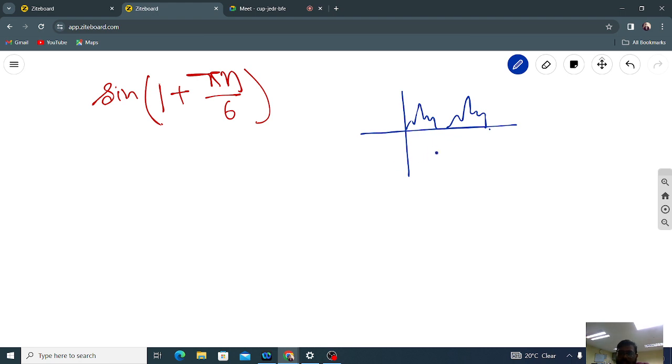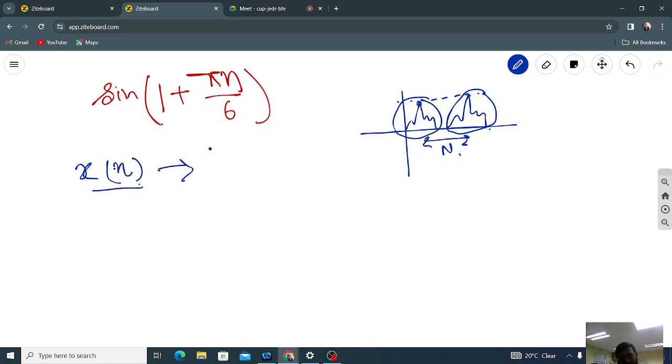So basically after some particular instance the signal will have the same values. So if we see like this, for a particular value these two waveforms are identical, but after a particular duration, that is the duration after which both the signals will be periodic. So we can judge whether it is periodic or not by the following: there is a signal x of n, and we have to say whether it is periodic or not.